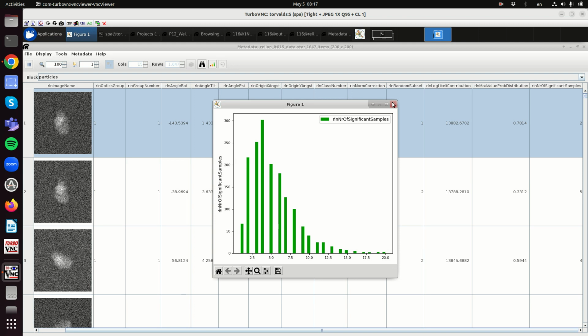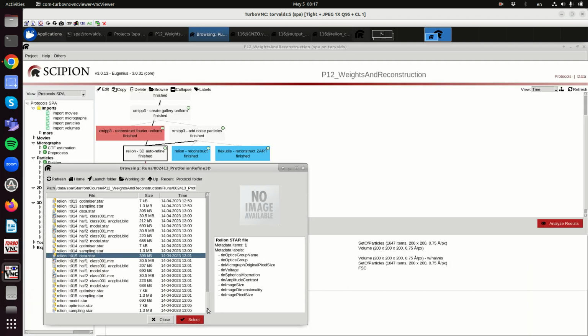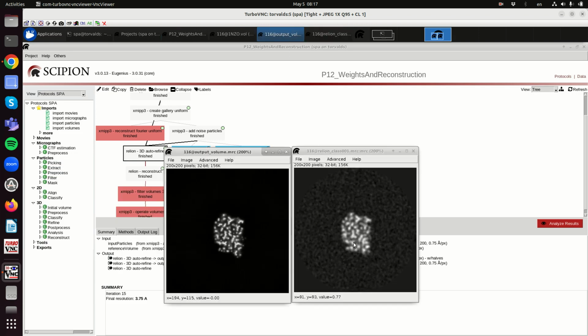Part of this blurring is transferred to the 3D reconstruction. How can I know that? Because if you use the same angular assignment, particles are allowed to have from 1 to 20 positions, but it reports the best position, so that we only keep the best one.